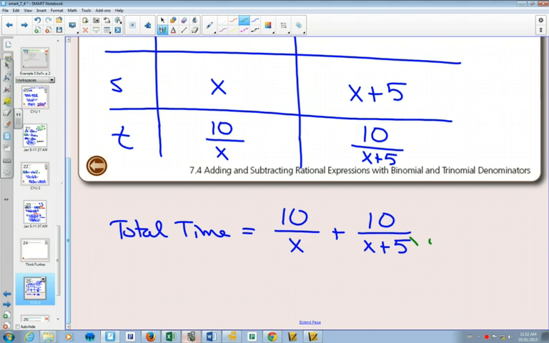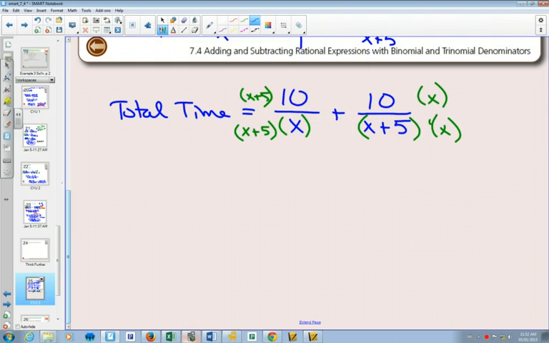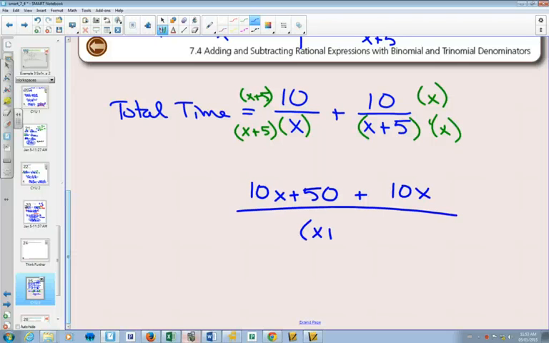Well, this one is grouped together. This is just an x, so this one's missing an x plus 5 and an x plus 5. This one's missing an x and an x. So when I multiply the top, I'll get 10x plus 50 on the first fraction and 10x on the second fraction.